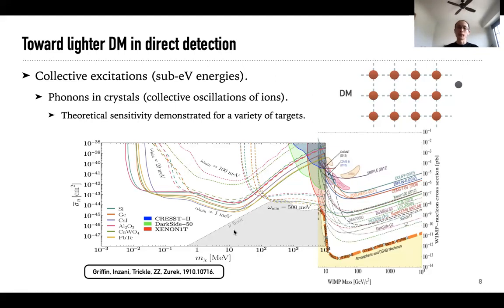I guess there is a very recent study by Rouven Essig and collaborators, and they did a very good job identifying some of the backgrounds from Cherenkov radiation and recombination, etc. A lot of this is still being studied because it also depends a lot on the experimental setup.